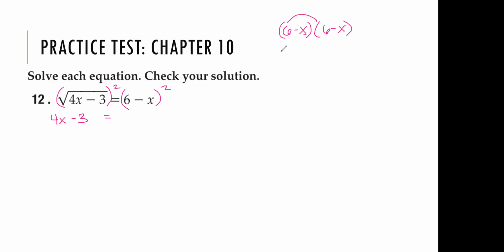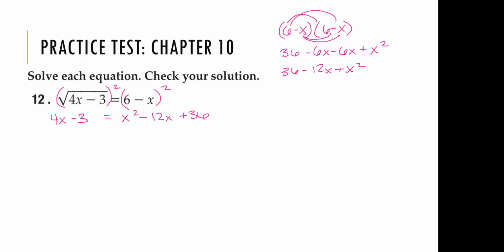So I've got 6 times 6, 6 times minus x, negative x times 6, and then negative x times negative x. So I end up with 36 minus 12x plus x squared. So I'm going to write that as x squared minus 12x plus 36.